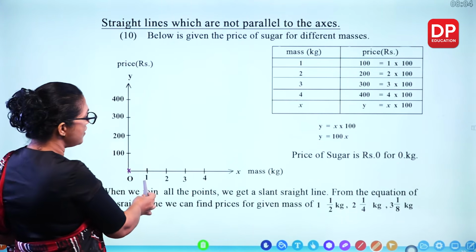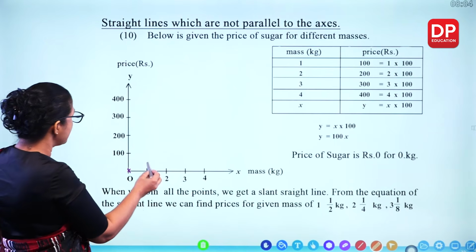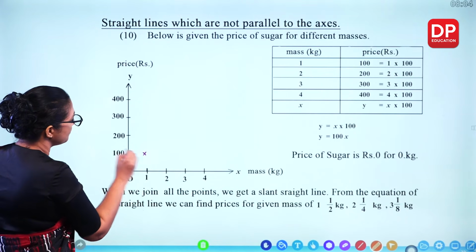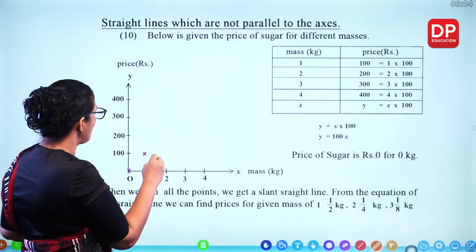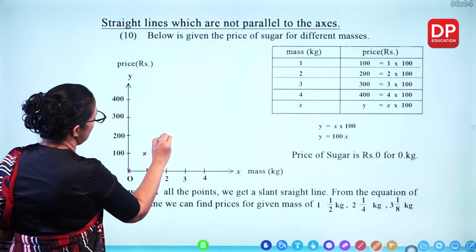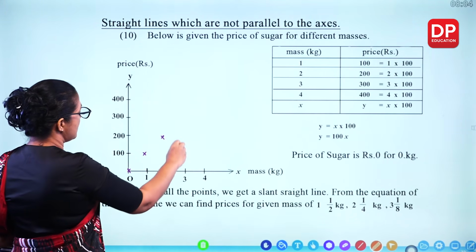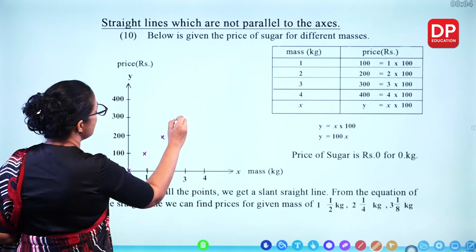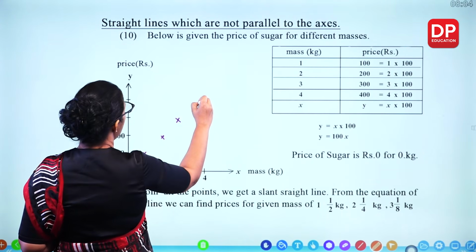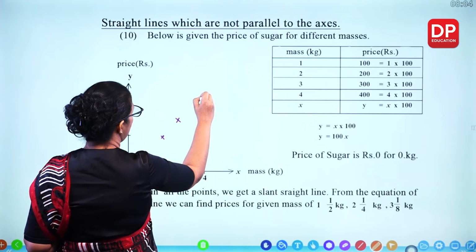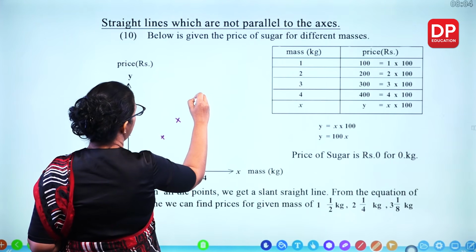If this is 1 kilo, price is 100. If this is 2, this is 200. Here, this is 3, this is 300. And here you get 400 like that.